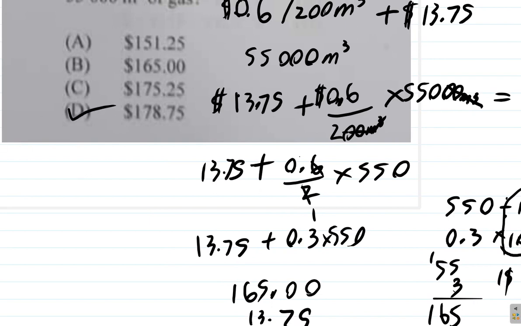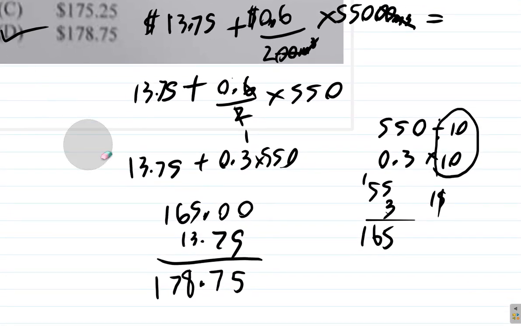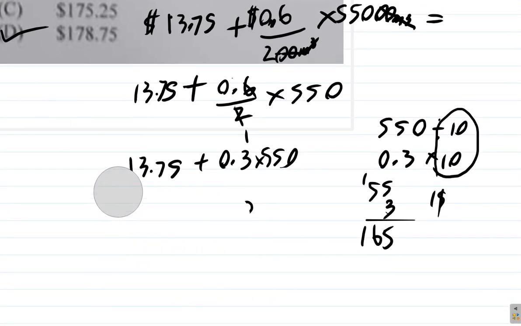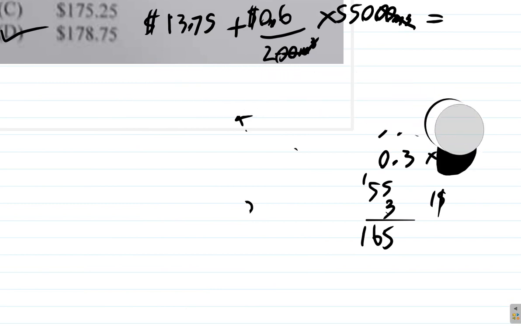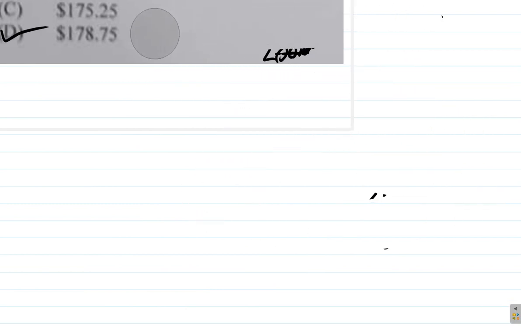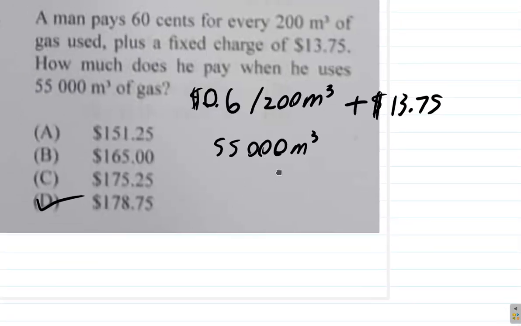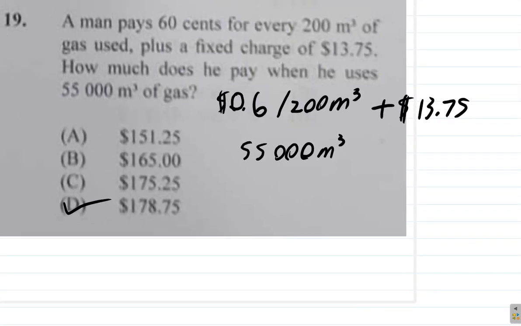Now, let's backtrack a bit and look again at our reasoning in coming up with the working, and look at it from a slightly different angle. We have $0.6 in every 200 meter cube. He buys 55,000 meter cube.